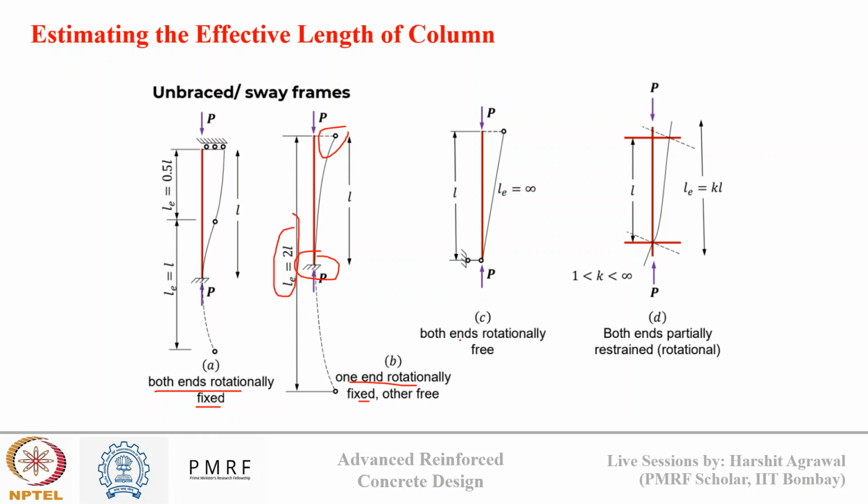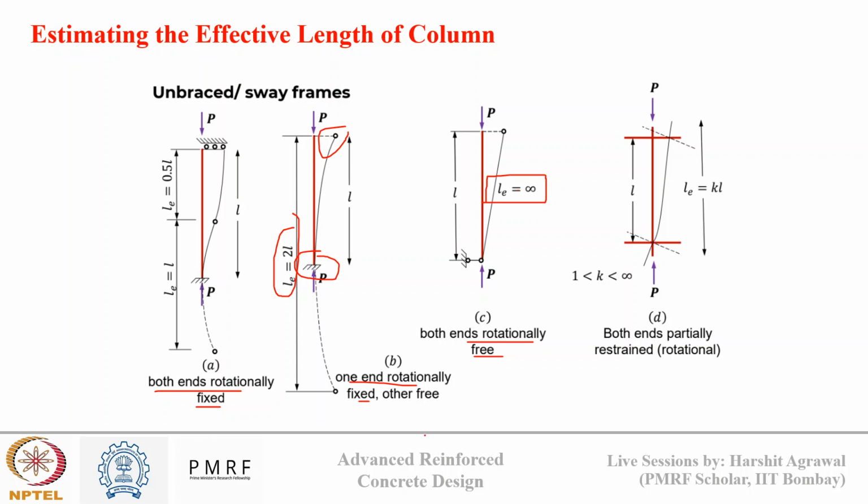And when both ends are free to rotate, then we say that L effective goes up to infinity. In such a case, there are no 2 points of zero bending moment that you will be able to find, even if the effective length of the column goes to infinity. You won't find 2 points where the bending moment is zero.